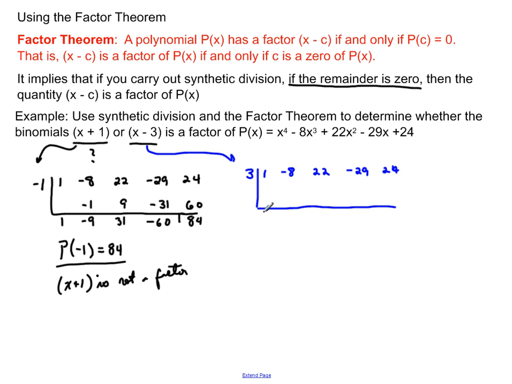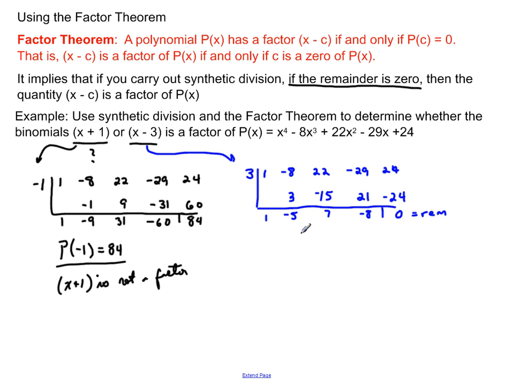And then we're going to carry down the 1, multiply by 3, add down the column to get negative 5, multiply by 3 to get negative 15, add down the column, that's 7, multiply by 3, that's going to give me 21, add down the column, that's negative 8, times 3, that's negative 24, and sure enough, that gives us a remainder of 0.